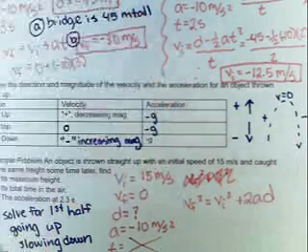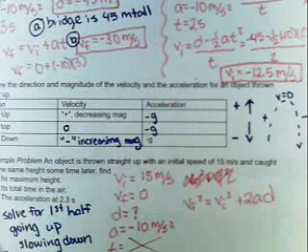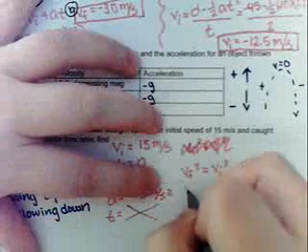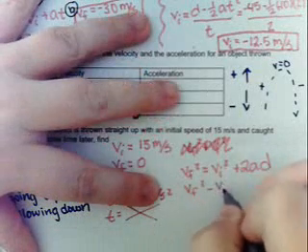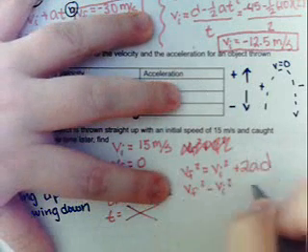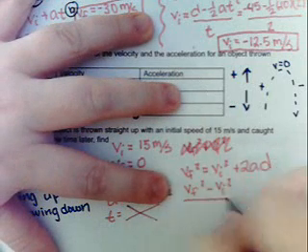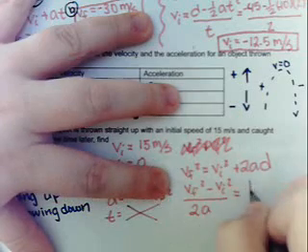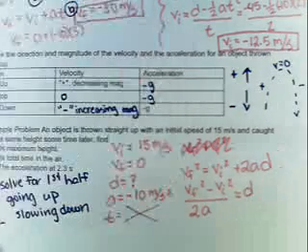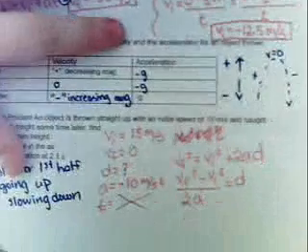If we're going to solve that for D, I think we did this on one of the problems in the other set. We'll do it again anyway. It's going to be VF squared minus VI squared over 2A. If you don't believe me, go back. I did it slower the other time. But so physics is done.